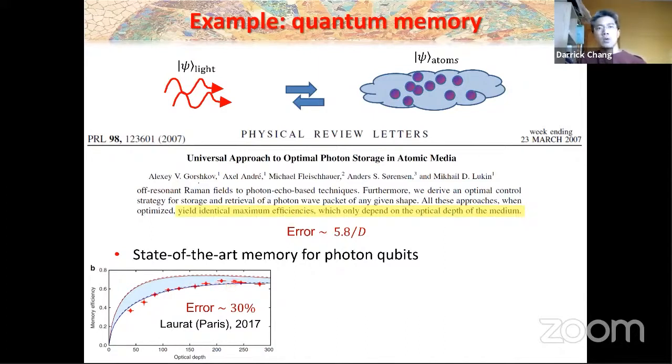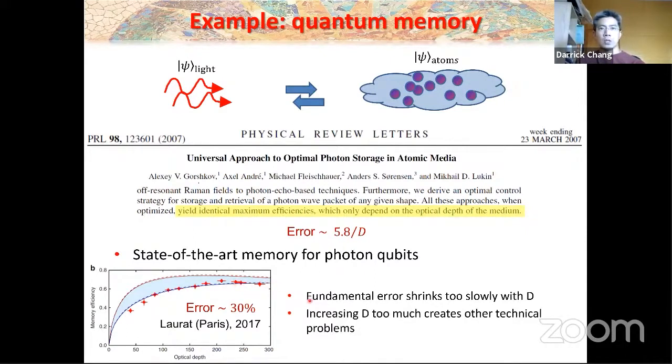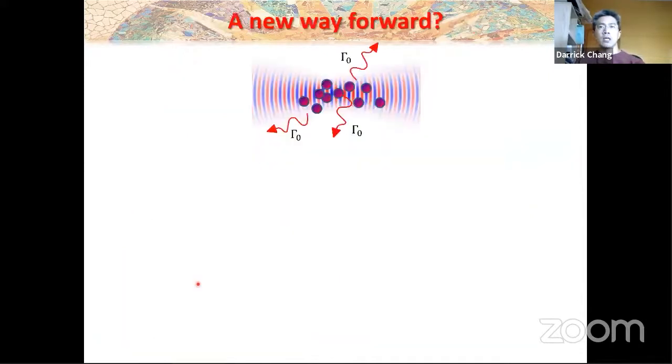Then, once you reach sufficiently high optical depths, the error actually starts to increase again. In other words, when you accumulate too much optical depth, the system doesn't remain fully functional. It creates other technical problems. This is just one specific example, but I think it's pretty representative of what happens when you try to carry out a lot of other applications involving atoms and light.